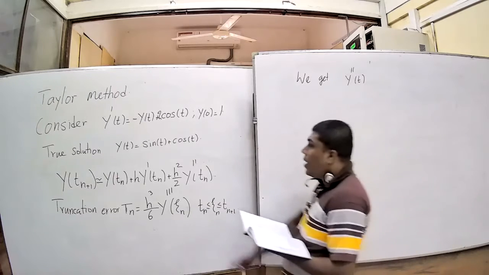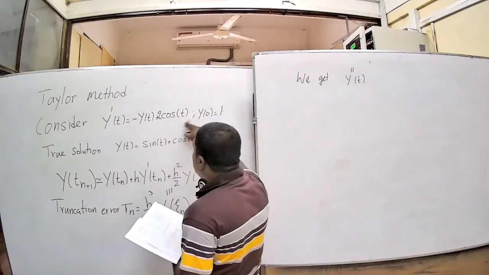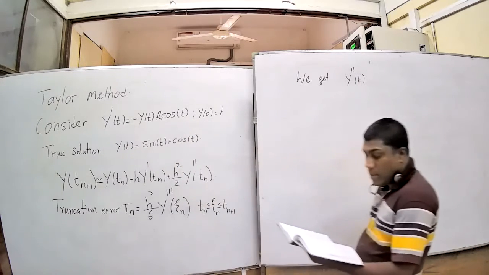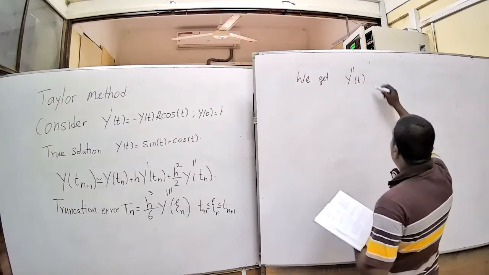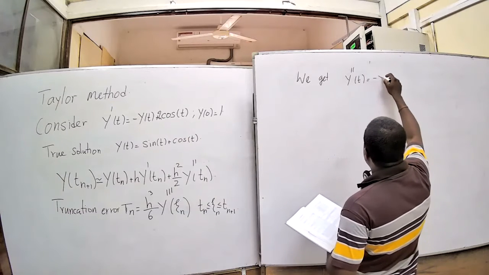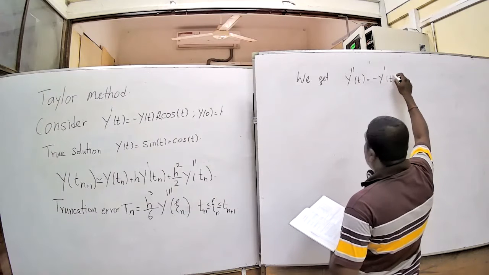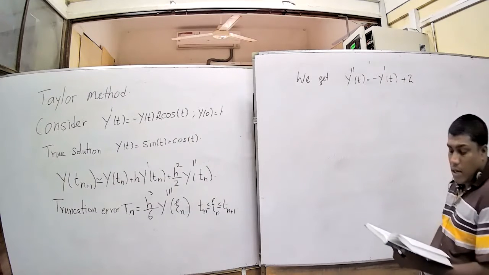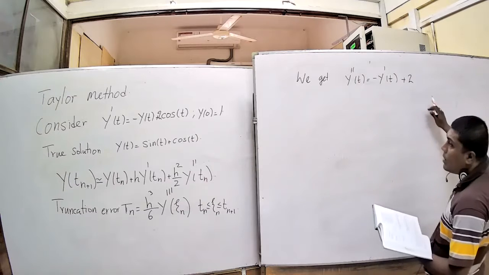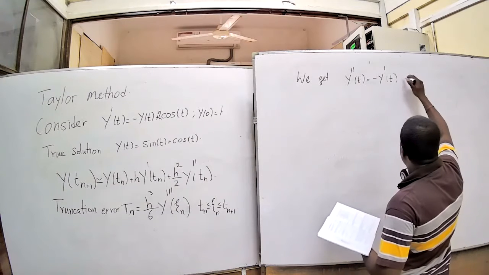So y double prime, you differentiate. Y prime is there, so you can differentiate that. So that is negative y prime of t plus 2, and when you differentiate cosine, you get minus sine. So let me change this to minus.